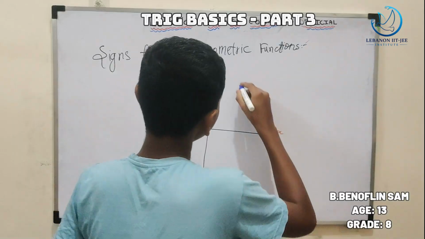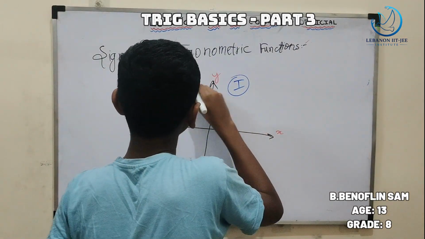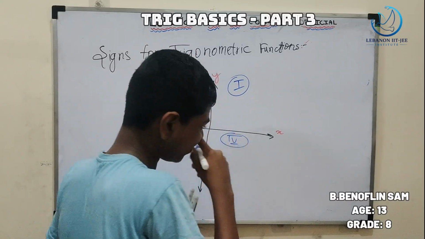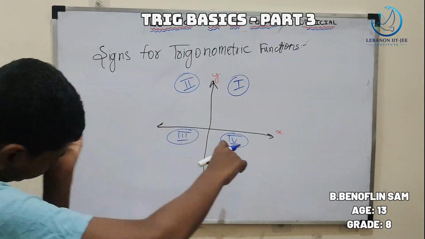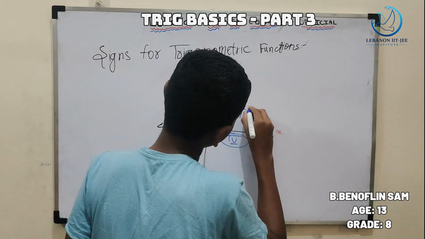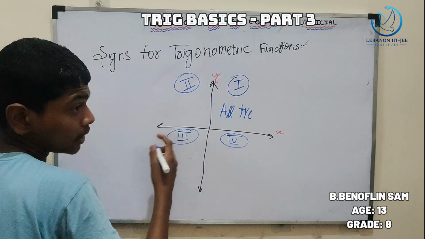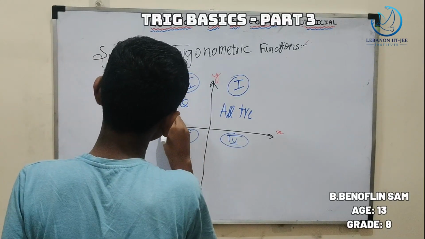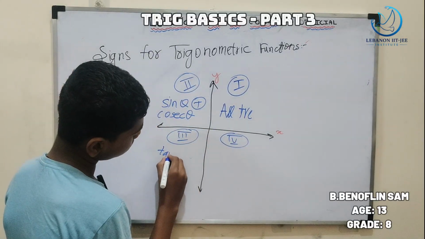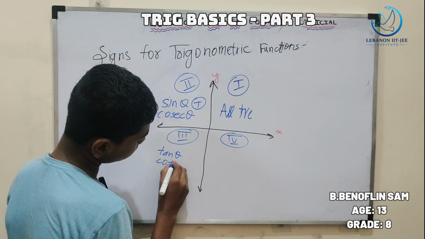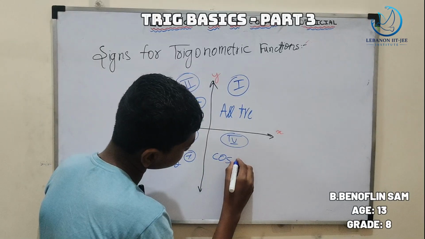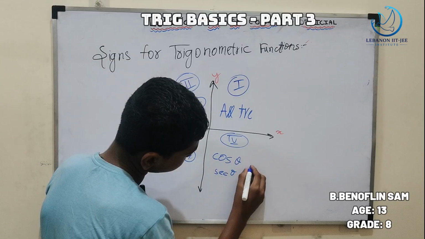Here we have the first quadrant, second quadrant, third quadrant, and last but not least, the fourth quadrant. In the first quadrant, all are positive. In the second, sine theta and cosec theta are positive. In the third, tan theta and cot theta are positive. In the fourth, cos theta and sec theta are positive.